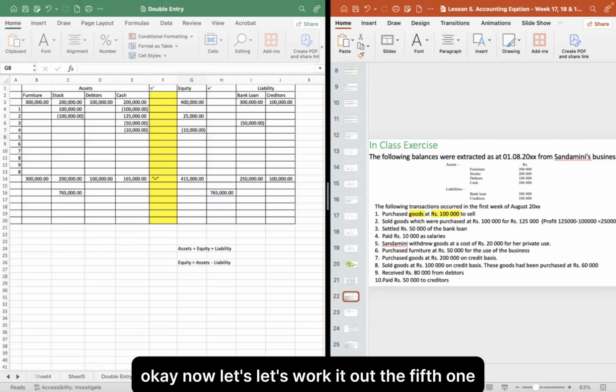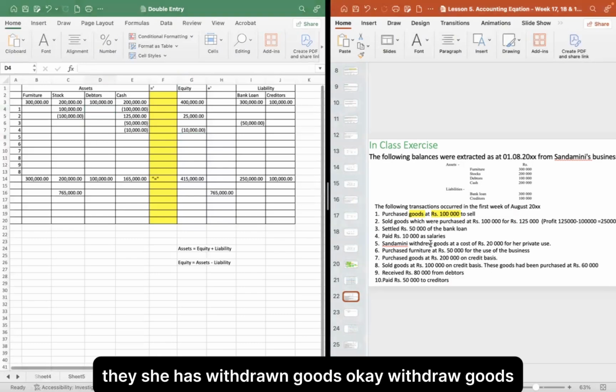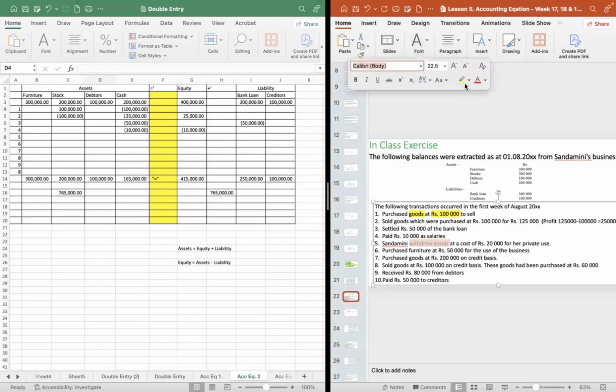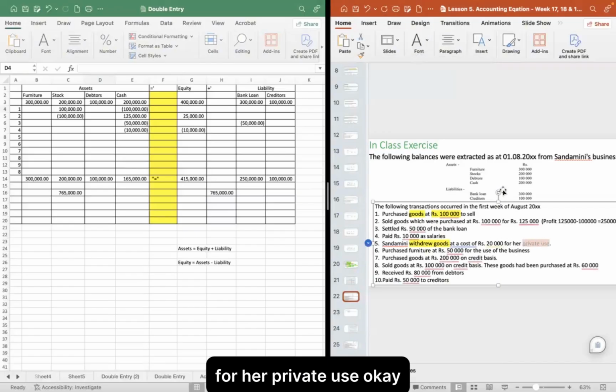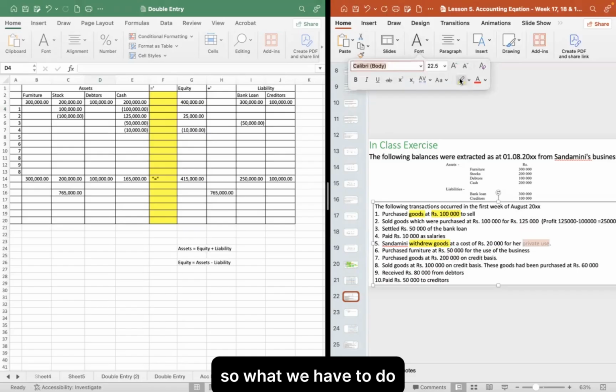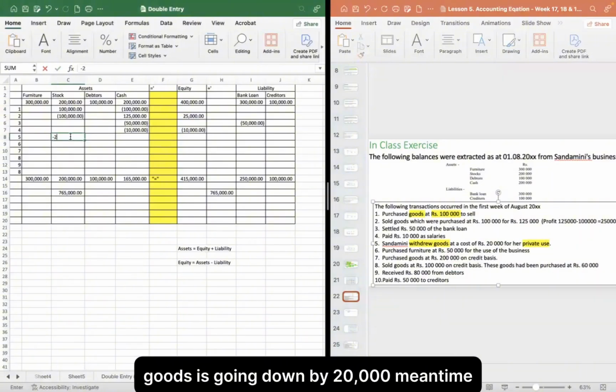Now let's work it out, the fifth one. So Sandhamini withdraw goods. Okay, she has withdrawn goods at a cost of rupees 20,000 for her private use. So what we have to do, goods is going down by 20,000.